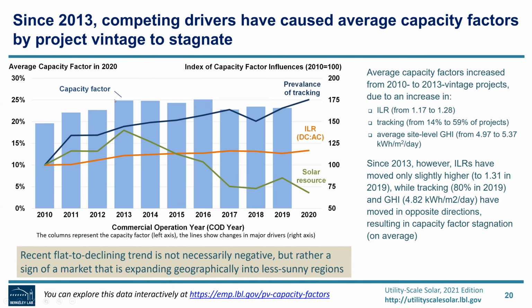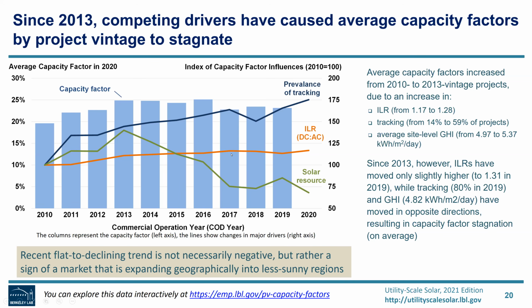Since 2013, though, the capacity factor by project vintage has kind of stagnated and even declined a bit in recent years. And that again can largely be explained by these three drivers. We've seen the prevalence of tracking continue to pick up, but at the same time, we've seen the industry expand into less sunny parts of the country, as denoted by this green line here showing the average built solar resource over this period.